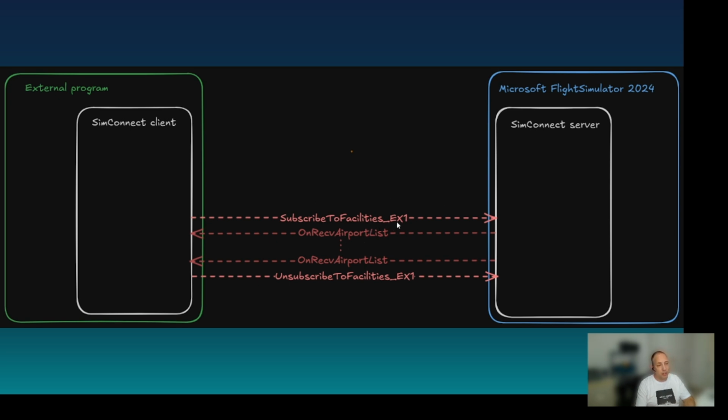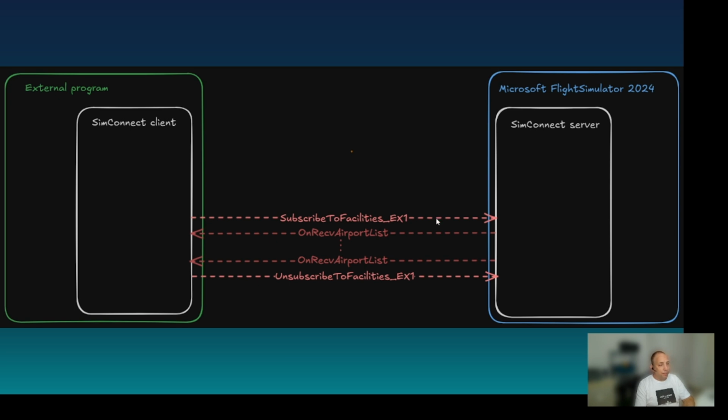In this case, _ex1 means we want to use the new call that's only available in 2024 instead of the old way, which would give you everything. This only gives you the type of facility you request within the reality bubble of the user. So it could span up to a couple hundred nautical miles, but not the entire planet.